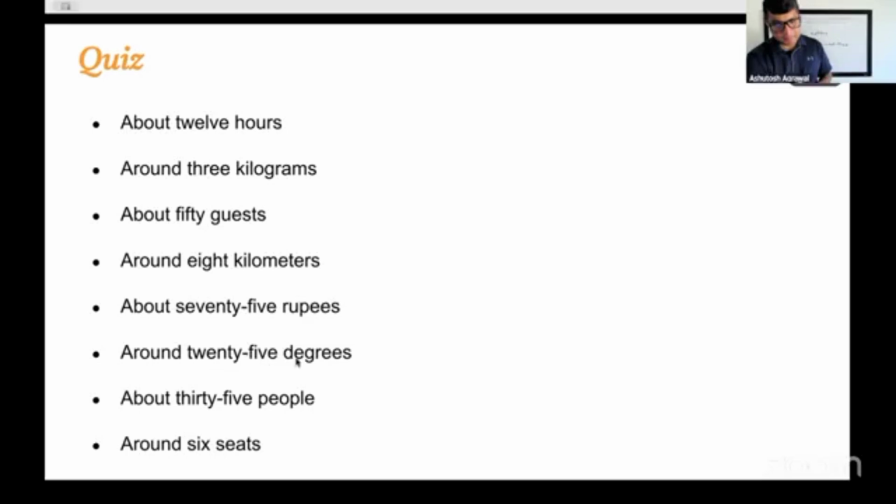Koi taapman pachis, koi degree. Yeah. So if you want to be slightly more precise, for temperature and everything, you can use karib. So let's see if you want to use that.